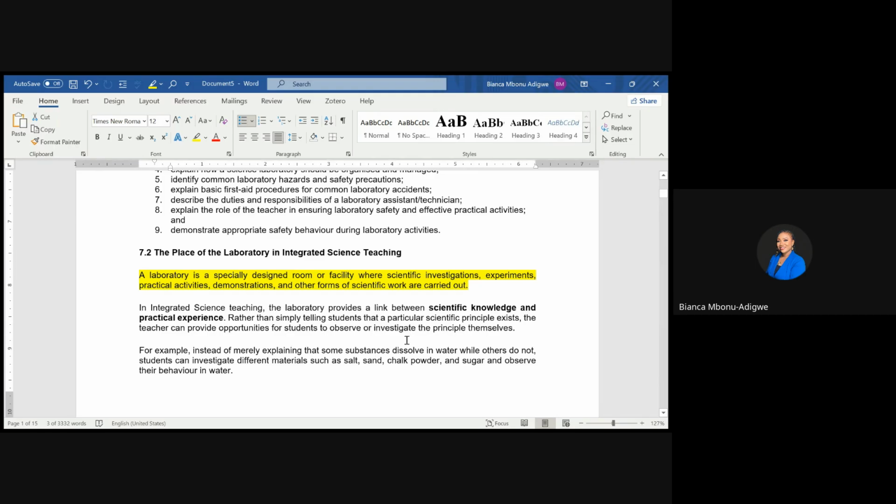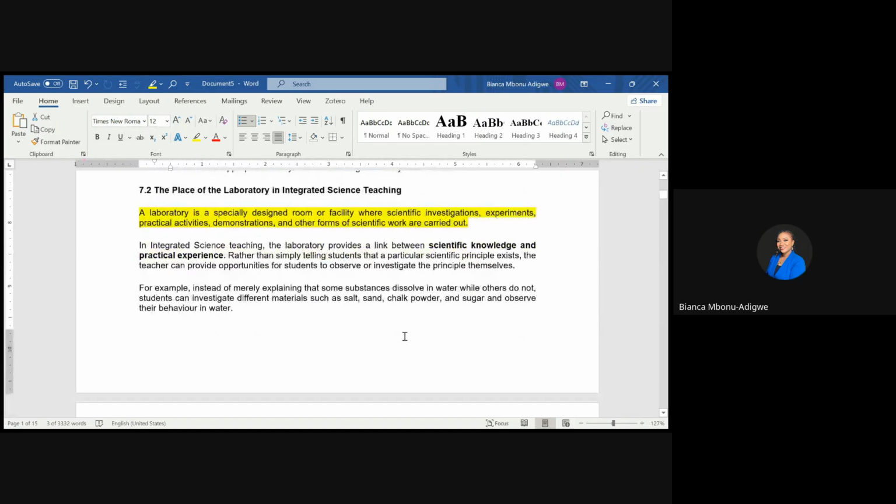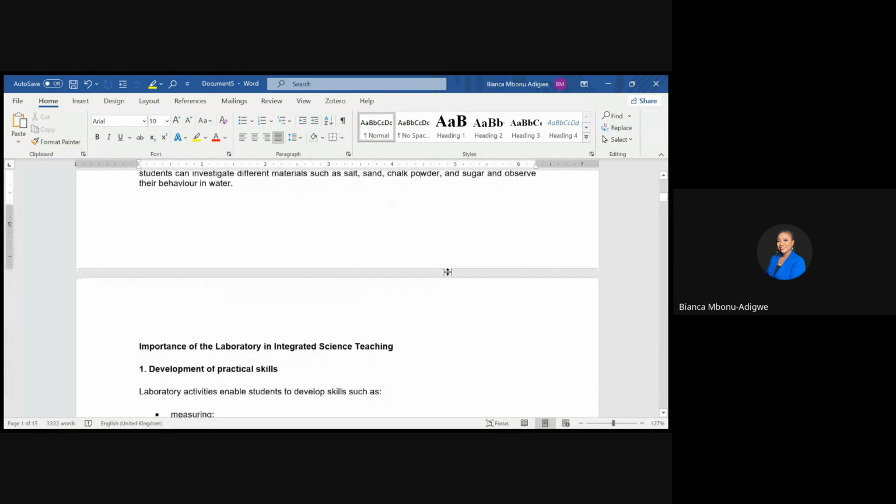We mentioned that instead of talking about things that could be abstract, things that students cannot actually imagine in their minds, we use the laboratory to bring that thing closer for them to understand what it is exactly you're talking about. So the laboratory provides a link between scientific knowledge and practical experience.